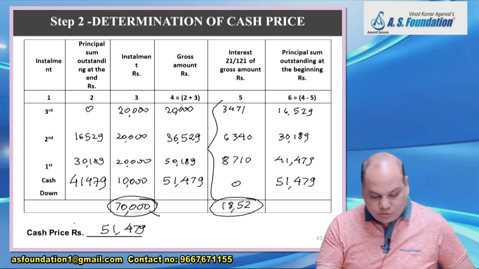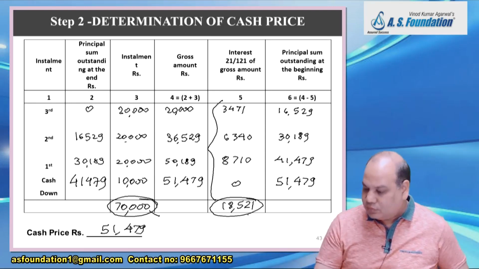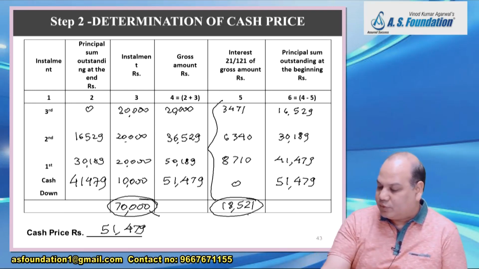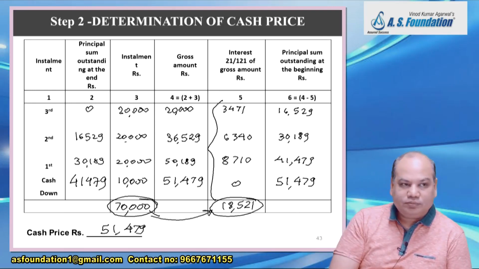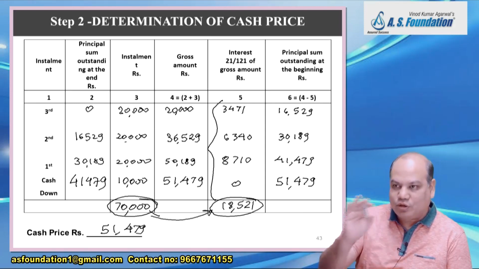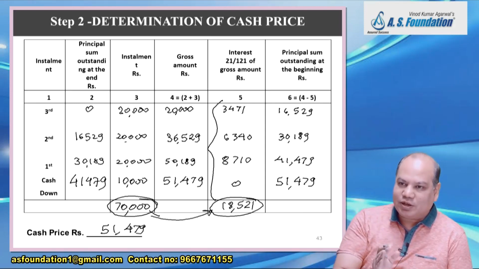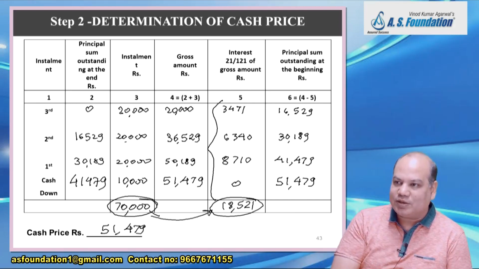Is the difference between HP price and interest equal to cash price? The answer is yes, so your mathematical accuracy is high. Learn to write fast, because in the exam first you have to draw the table, then journal entries in the books of both the parties.